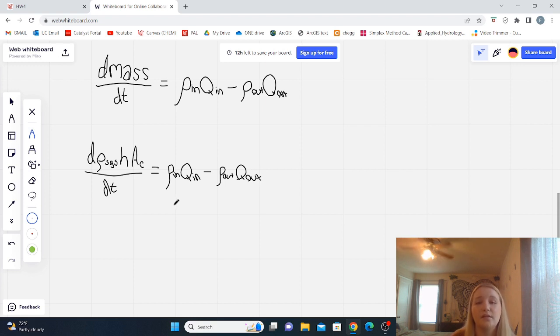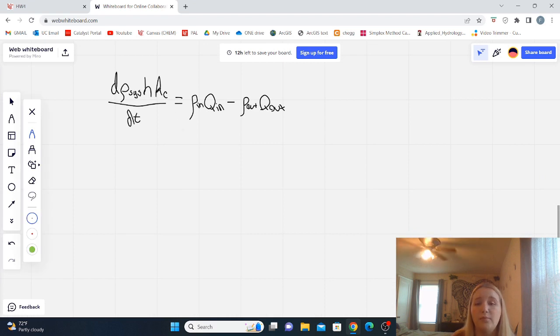Now, in this case, we are assuming that A does not alter the density in any way. So our density going in and density going out will be the same, and we can cancel those out. Also, we can pull out our cross-sectional area because that is a constant.